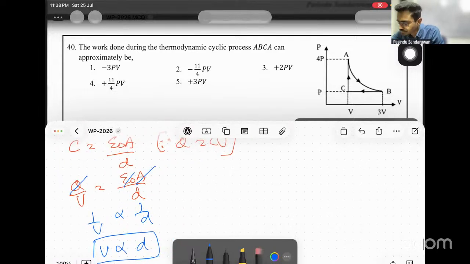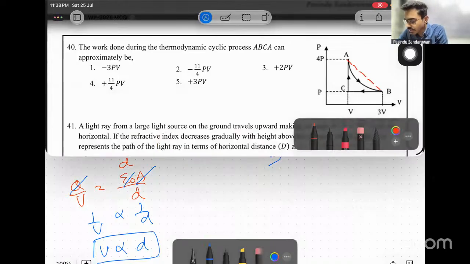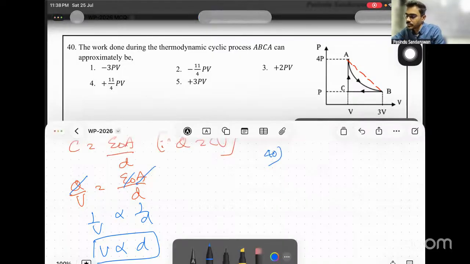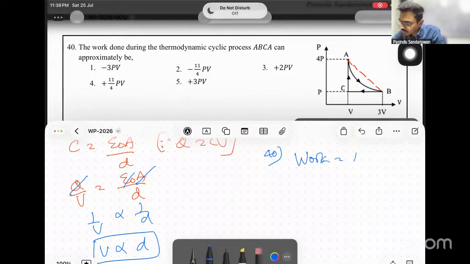Question 40. The work done during the thermodynamic cyclic process ABCA can approximately be. Okay, now for such cases, first assume this as a triangle and find that value, because we know work is given by the area under the PV graph.